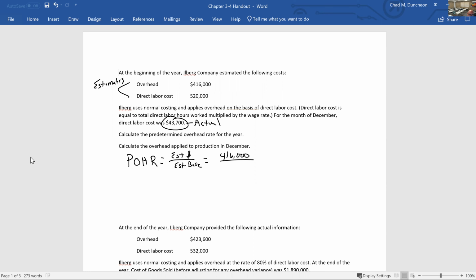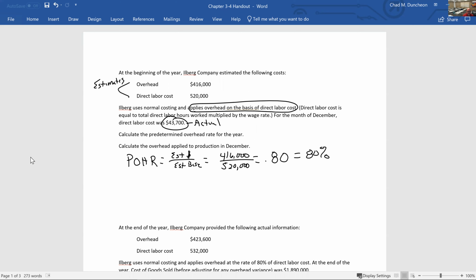And this says we are going to apply on the basis of direct labor costs. So our direct labor cost estimate was $520,000. That comes out to 80%. So 80% of our direct labor cost is going to get applied as overhead. So that's how we can read that there.